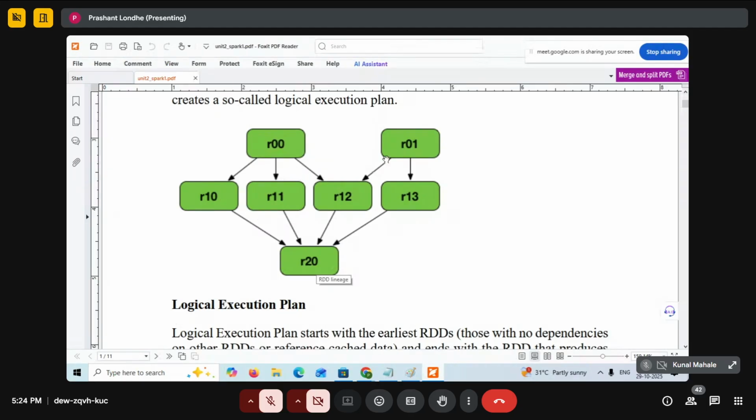This is also an example of union, but R12 is a partial union, because only some part of the data from R00 and some part of the data from R01 is united in R12. R20 is not such a case, because all the data is united into R20. So this particular part is going to be your plan.